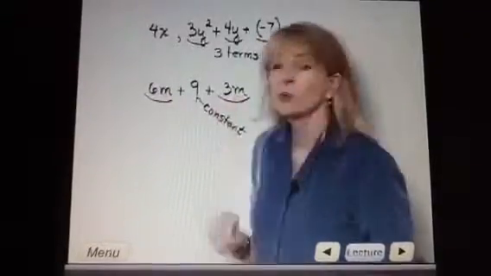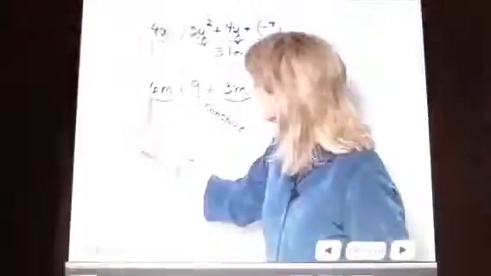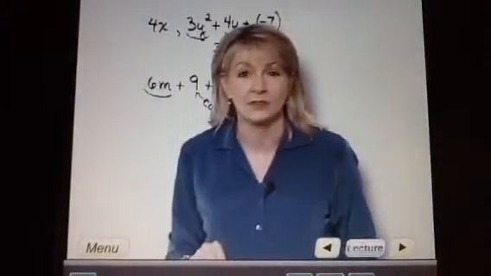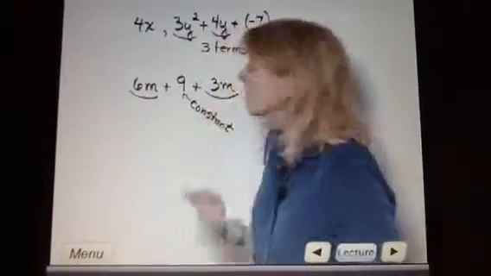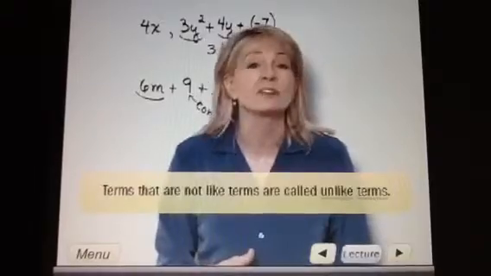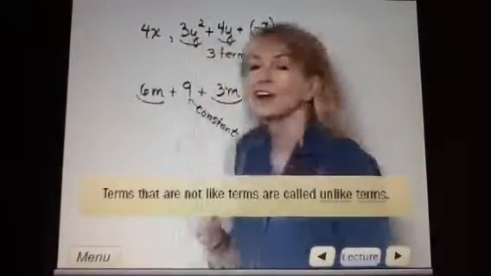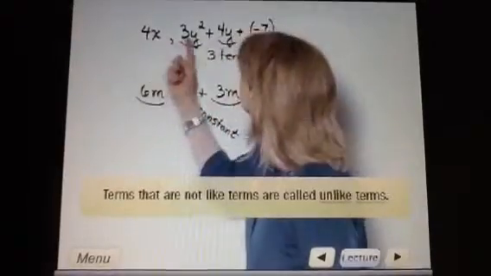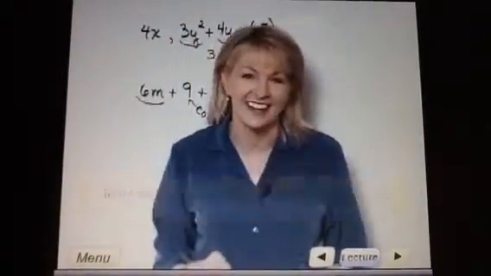The variable portion is exactly the same in these two terms. The numerical coefficients are different. They can be the same or can be different. So these are what we call like terms. Terms that are not like terms are unlike terms. For example, these two terms are unlike terms because the variable portions are not exactly alike.